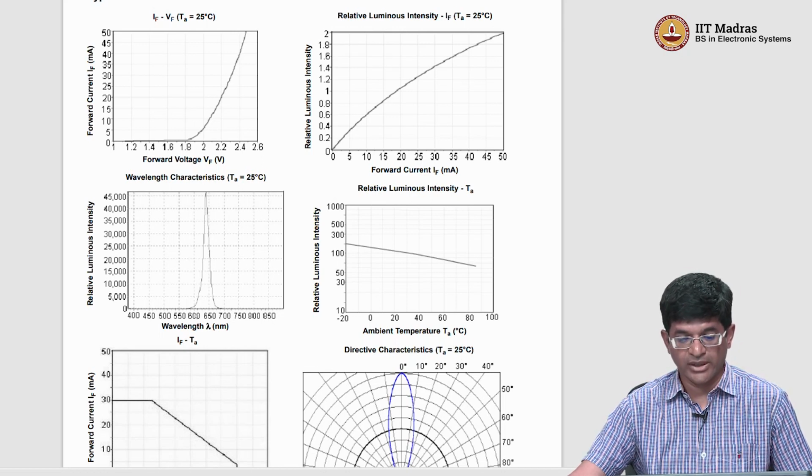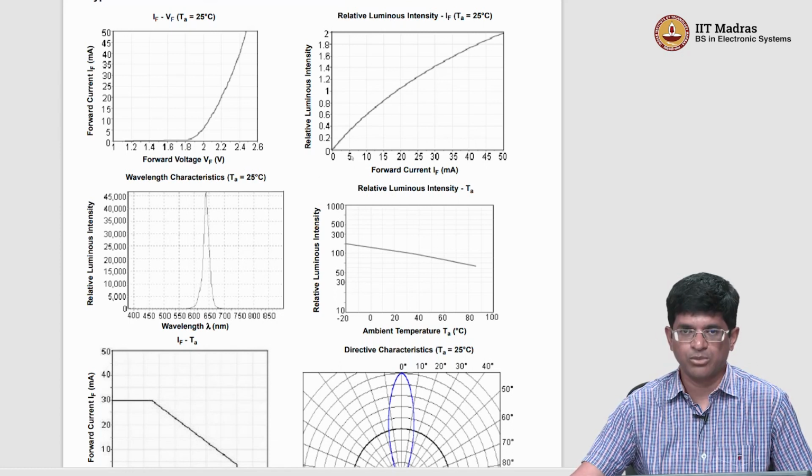It also tells you about the wavelength characteristic, which tells you why it is red in color. You have a nice peak between 600 to 650 nanometers, which is in the red range of the visible spectrum. It also gives you more information about the intensity and so on, which I am going to skip over, but you can look at if you are interested.